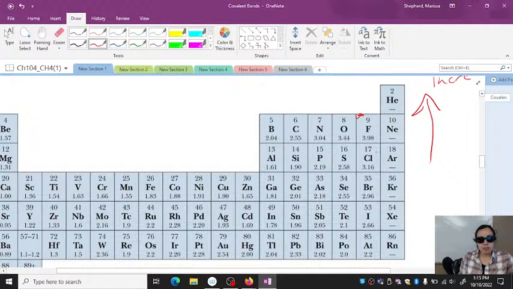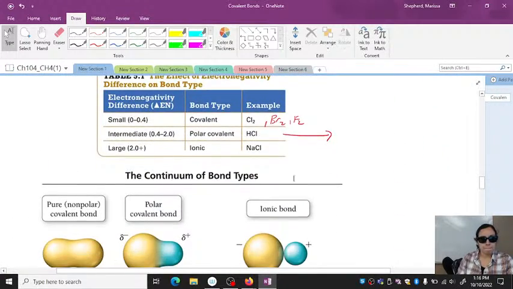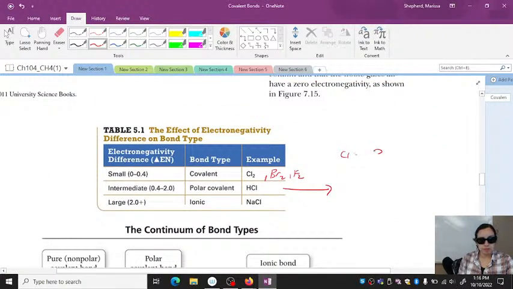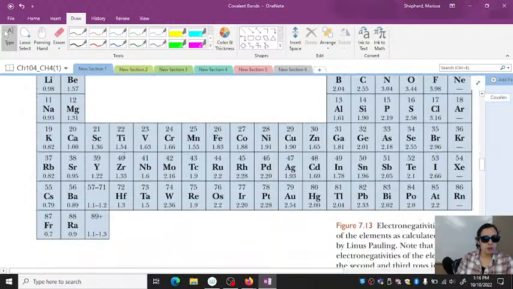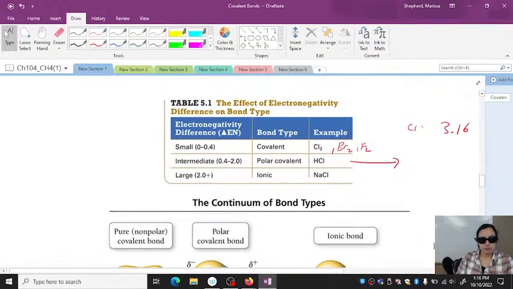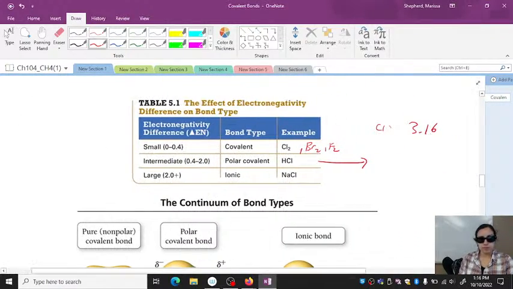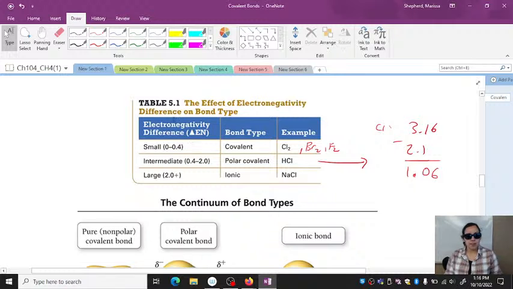So we have chlorine, 3.16, and then hydrogen, 2.1. You just subtract them, so you get 1.06 for their difference, and that falls right in the middle of polar covalent.